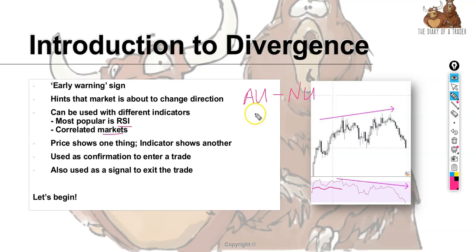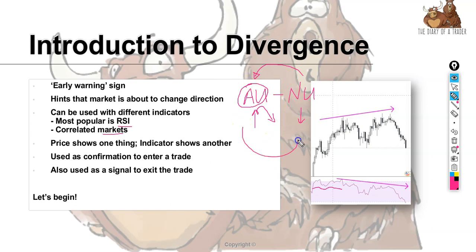So if you see the Australian dollar going up and the New Zealand dollar going down, and you're looking at the Australian dollar and you're considering when to take a trade short, you can see that the New Zealand dollar is beginning to go short. Then, by correlation, you can expect that there is a higher probability that the Australian dollar will begin to also reverse and go down.